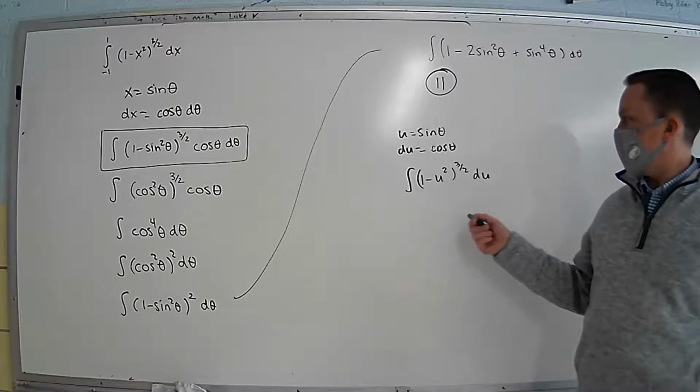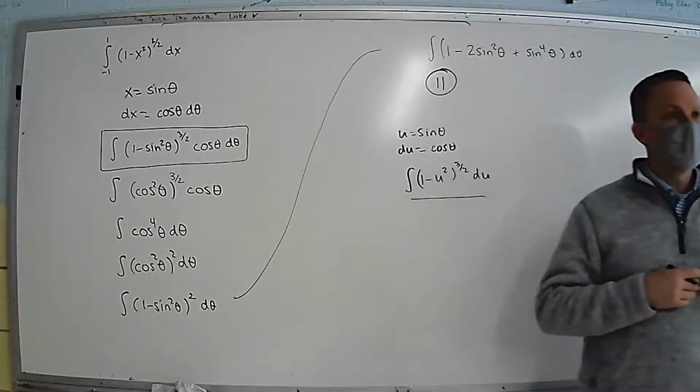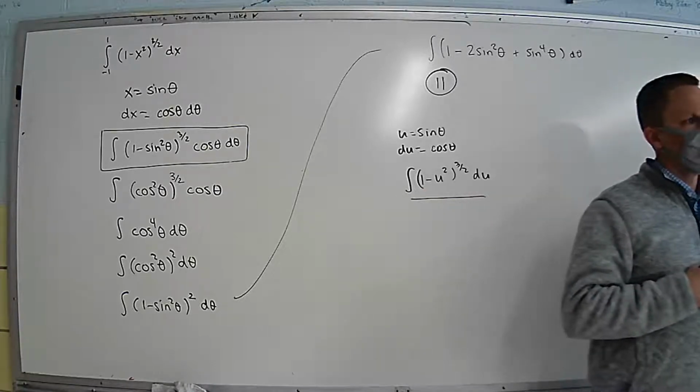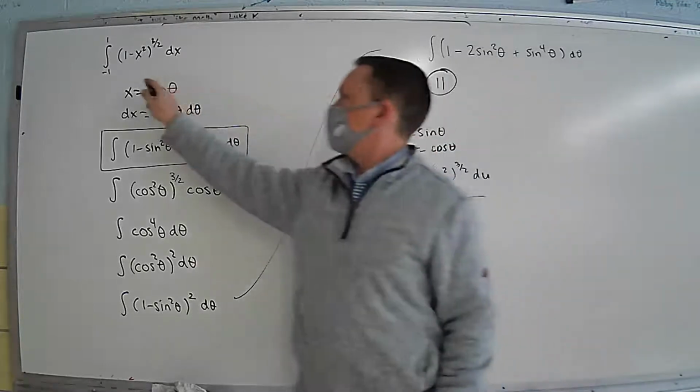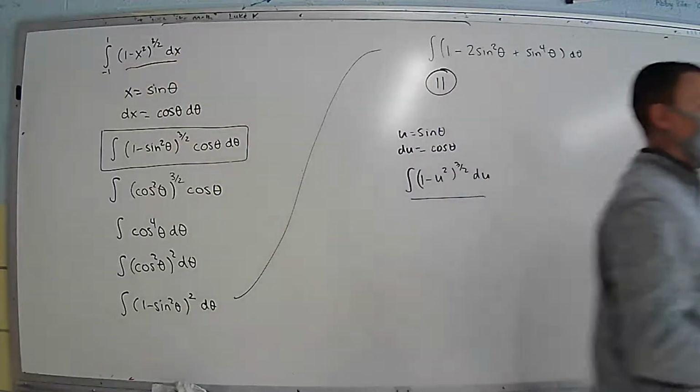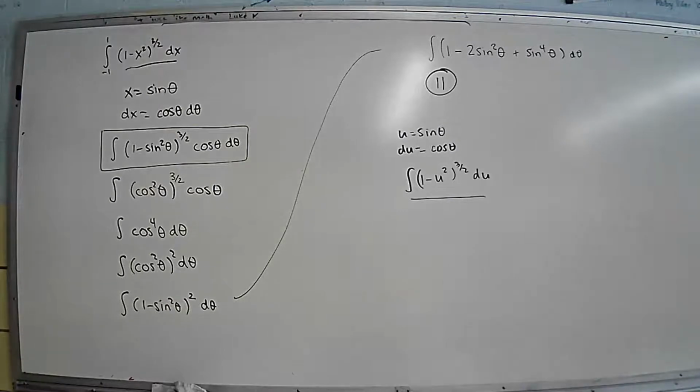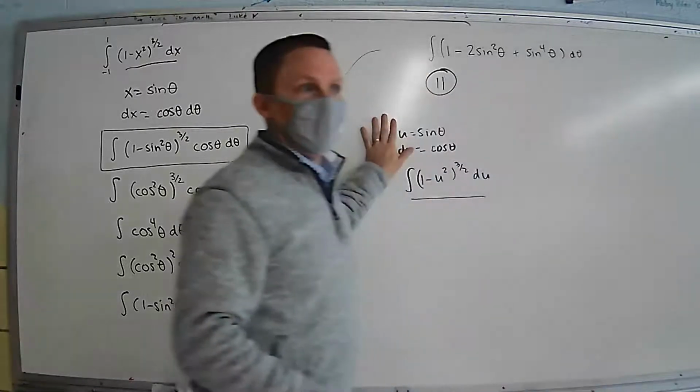But look very carefully at this, friends. And then look very carefully at this. It's like the same problem, right? Yep. If you go back, can you just do 1 to the 3 halves minus sine squared to the 3 halves? Because 1 to the 3 halves is 1, right? Oh, okay, hold on. So you're back over here. So we're cool with abandoning this.